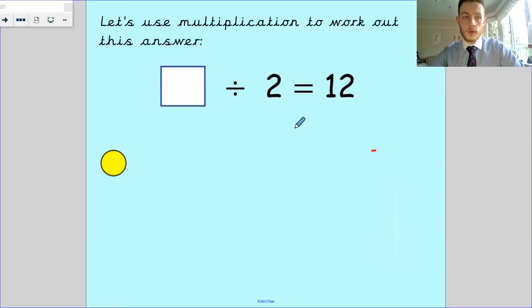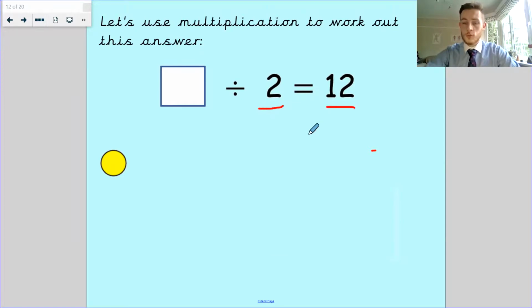Now I'm going to do one more example. I think this is the last example before we then move on. So let's use the multiplication to work out this answer. Before I do my dots and my groups, I can just rewrite this. It says I've got something divided into 2 groups is 12 in each group.